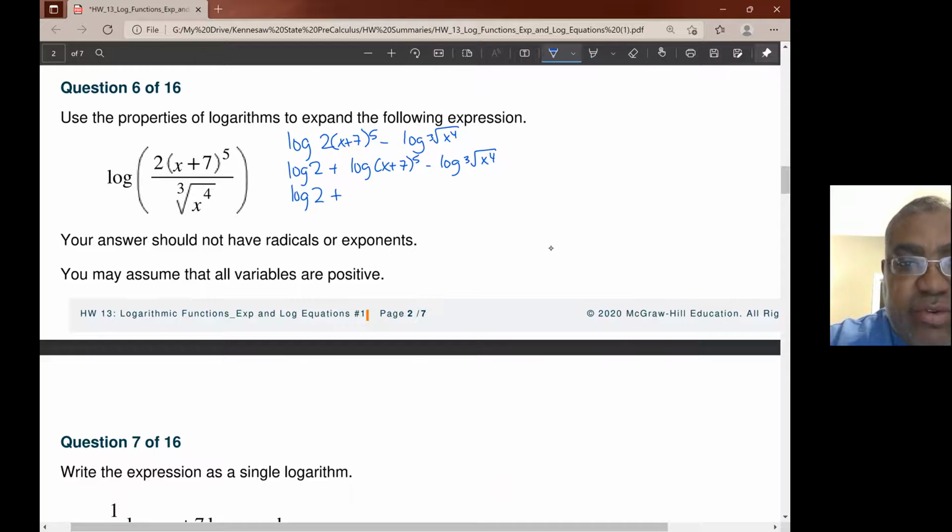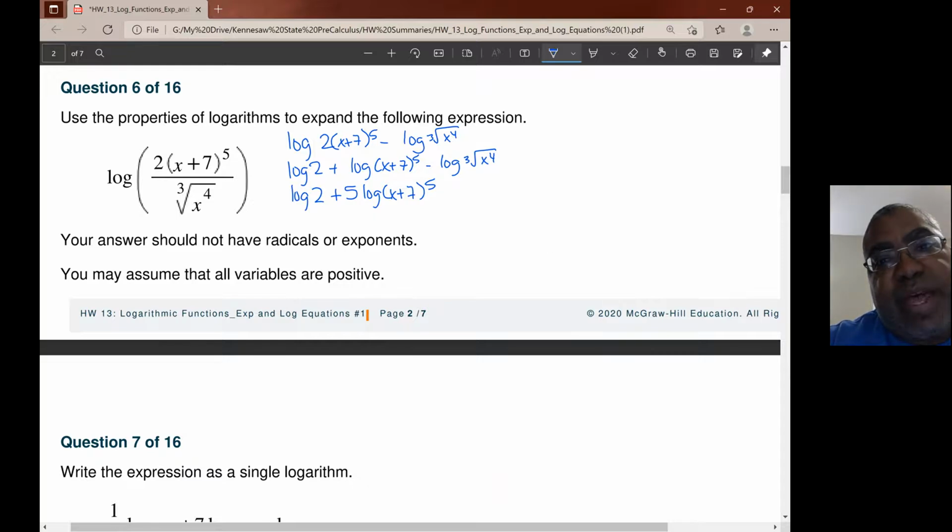Plus, that 5 goes in front. So 5 log of x plus 7. And then the cube root of x to the 4th, I'll write over here. The cube root of x to the 4th is the same thing as x to the 4/3. The exponent goes on top. The index of the root goes on the bottom.